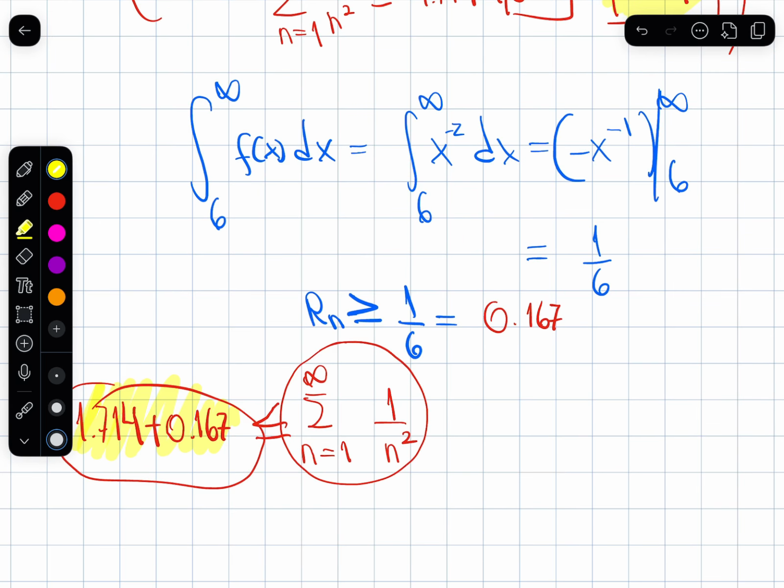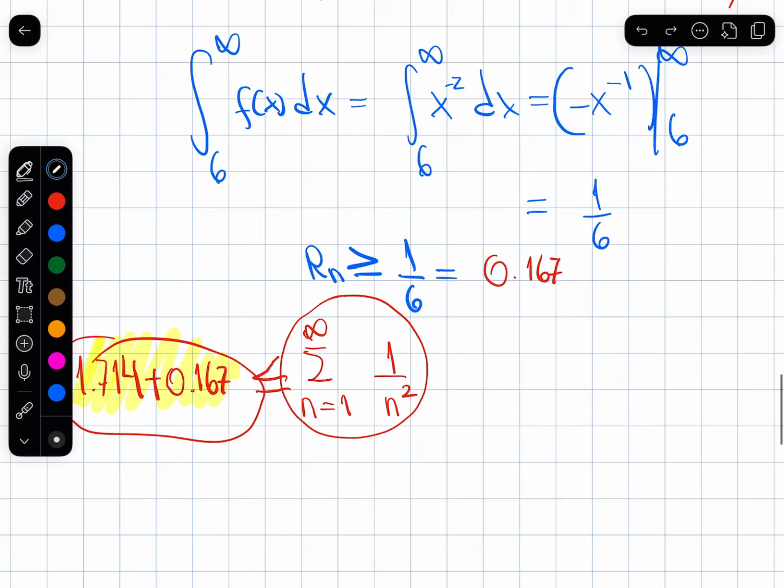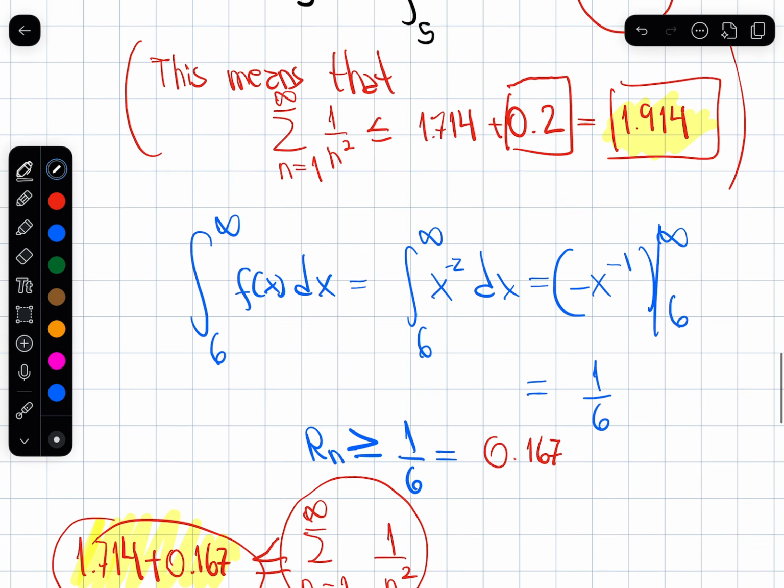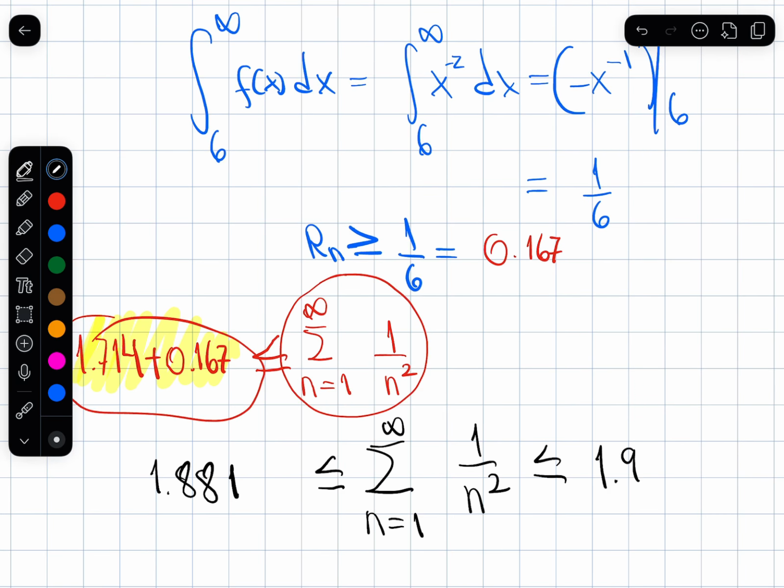Let me add these numbers so we can work with it. It's 1.714 plus 0.167. So that is 1.881. This gives me this: the actual sum from 1 to infinity of 1 over n squared is between 1.881 and 1.914.